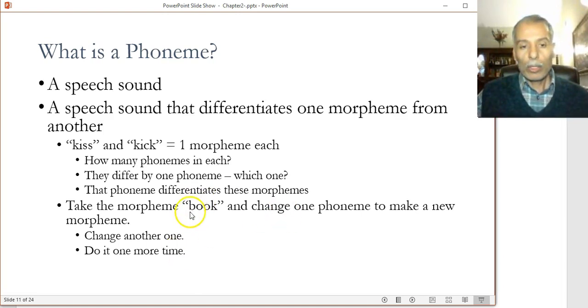So every time you change this and replace it with another one, you're going to get a different morpheme. What can we put here? You can take the k, and you can say bull, for example. So instead of the k you have l there, but these do not change the b and the o, bull versus book.